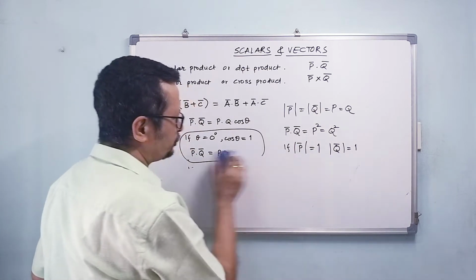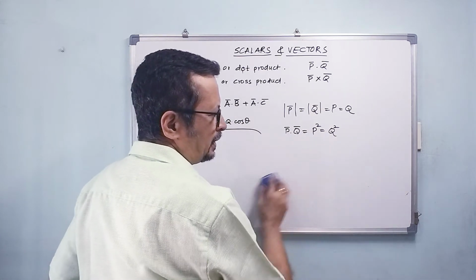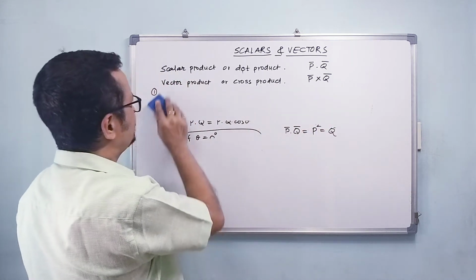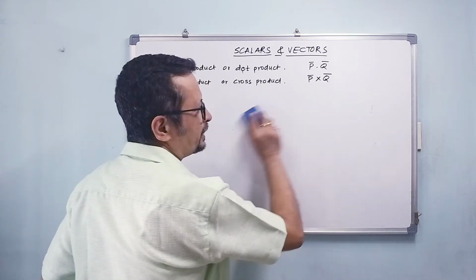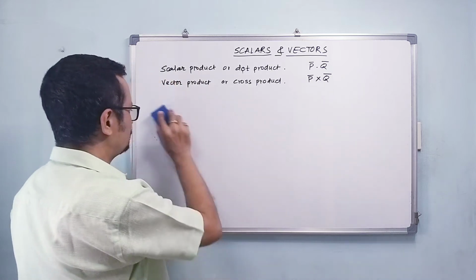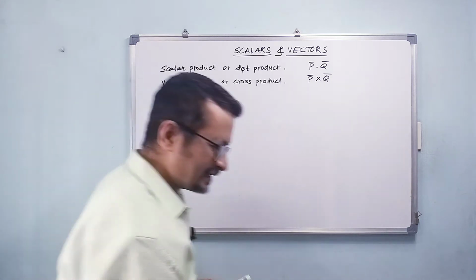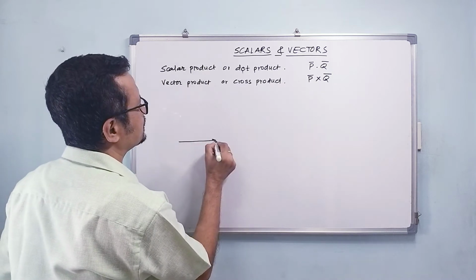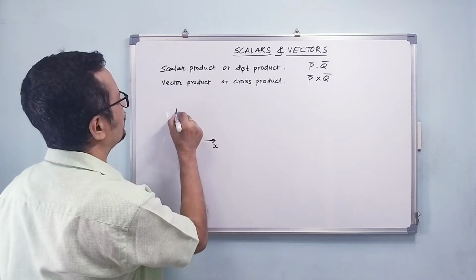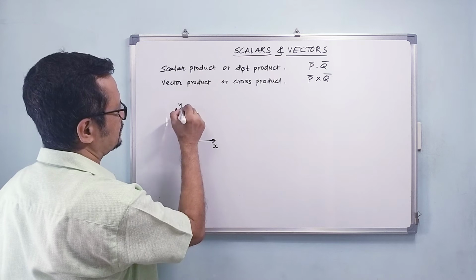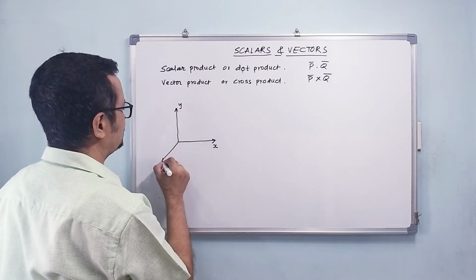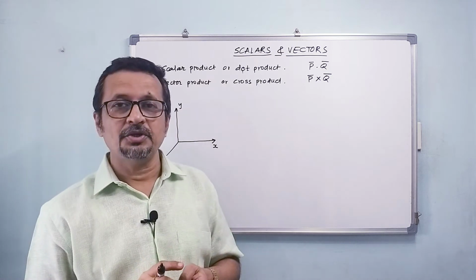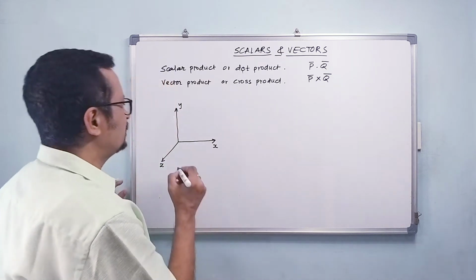When we talk about unit vectors, you might recollect we had considered unit vectors along the coordinate axes. I have my x axis in this direction, y axis in this direction, and then the z axis. These three axes, x, y and z, are mutually perpendicular.